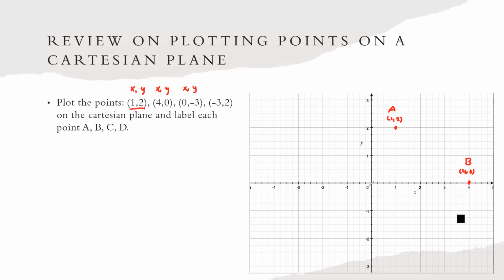You start at 0, go down 3, dot it. So that would be labeled C. And then finally D, (-3, 2). -3 is your x, 2 is your y. You start at (0, 0), go 3 units to the left because our x value is negative, and then go up 2. So you can call this point D.